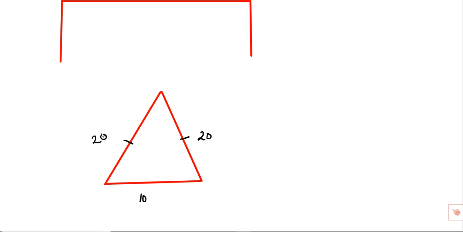Could I get a right-angled triangle? Yep. How? Draw a line down from the middle point all the way to the bottom. So if I go from this point straight down, I'm looking a bit wonky, but you get the idea, and I've got two right-angled triangles that are the same as each other.